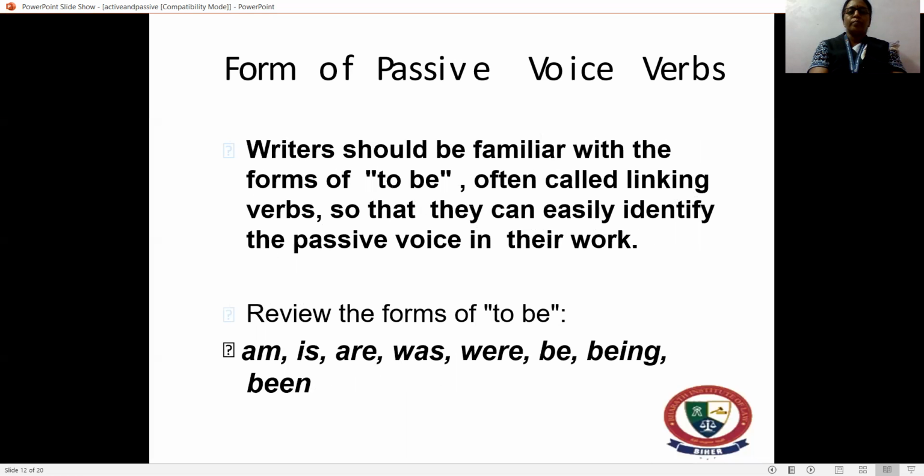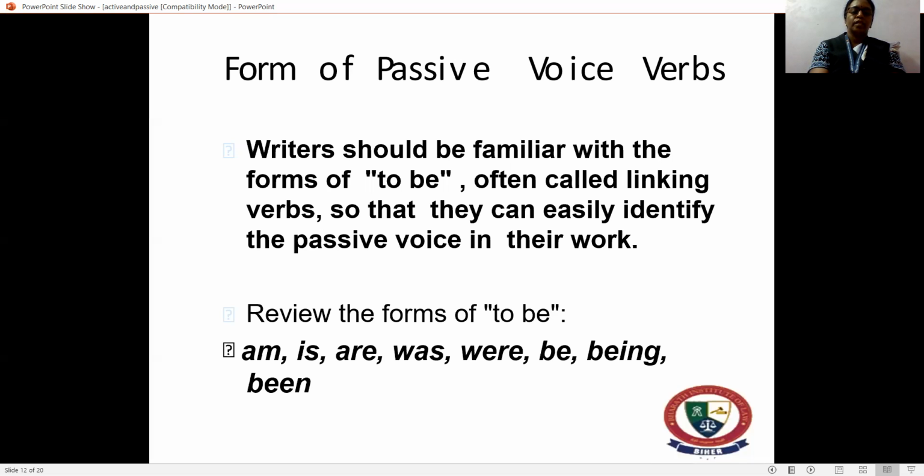Form of passive voice words. As I've already told you, I'll give you a list of be forms which students can remember while changing from one form to another. They are often called linking verbs so that they can easily identify the passive voice in their work. So what are they?